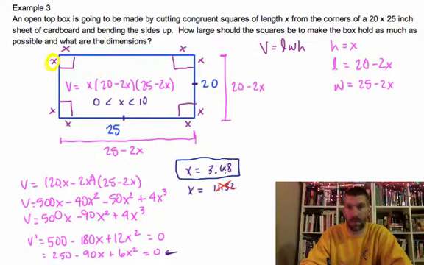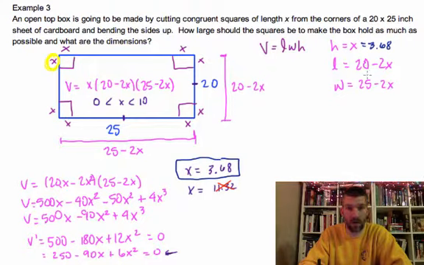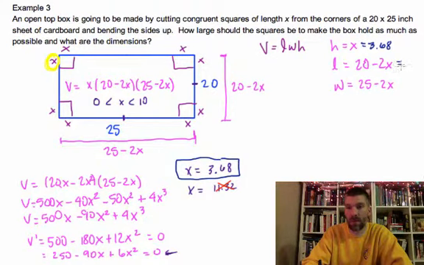Okay? What does that mean? That means that if I cut in, wow, that's really ugly, if I cut in 3.68 units from each corner on each side, that'll give me the height of my box. And so when I plug 3.68 in for my length and width, this will give me the dimensions of my box.